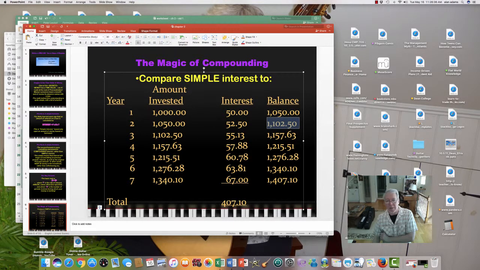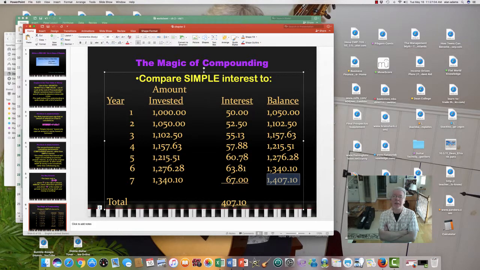You can see what happens. The interest is getting bigger and bigger every year. So if I leave my money in there for 7 years at 5% and never touch the interest, I will have earned $407, and my $1,000 will have magically become, well, what is 7 years times $50? That's going to be $350, right? So will I have $1,350?